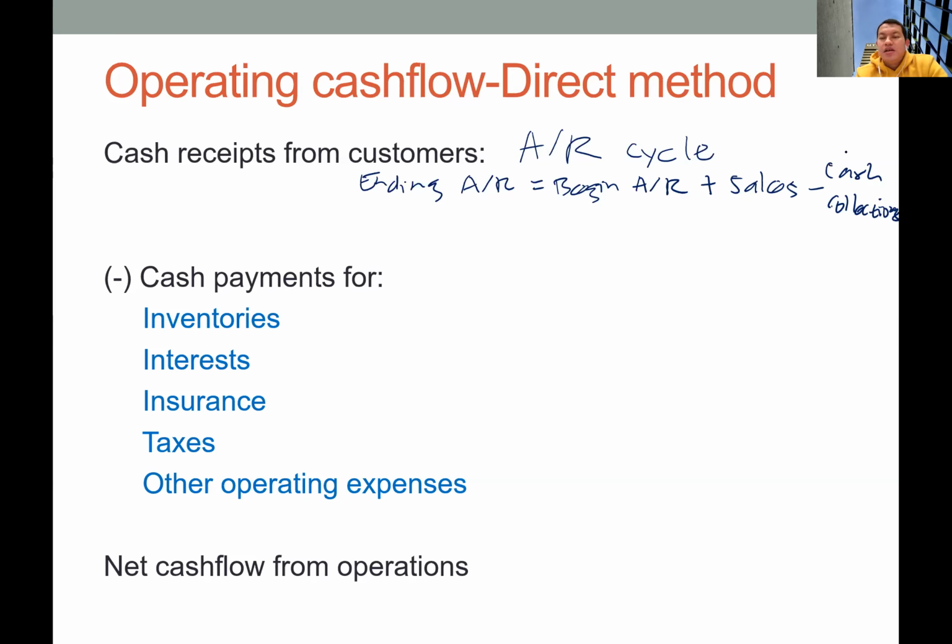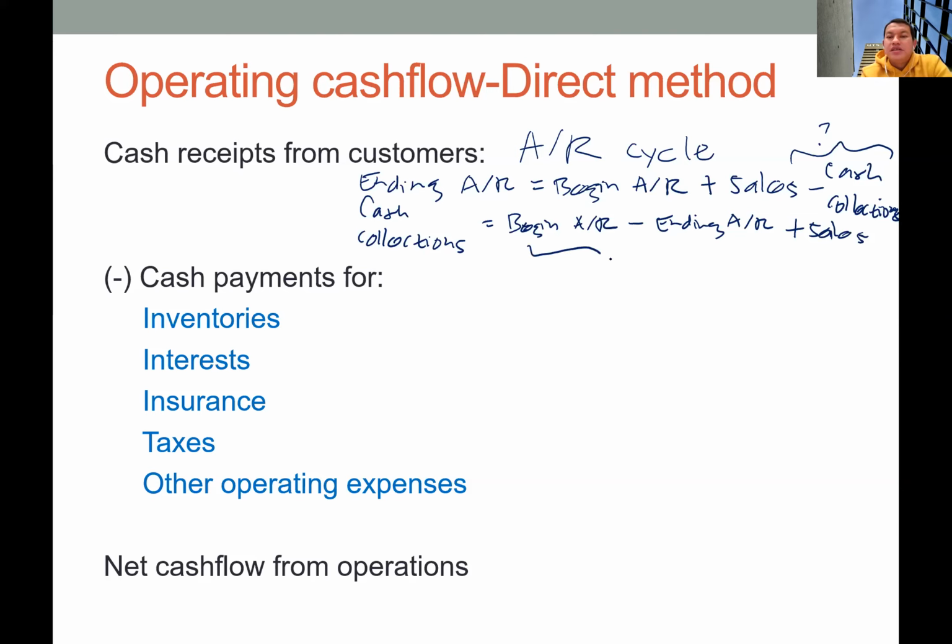Now we are interested in calculating this part, so we can simply rearrange the formula. Cash collection is equal to the beginning account receivable minus the ending account receivable plus sales.